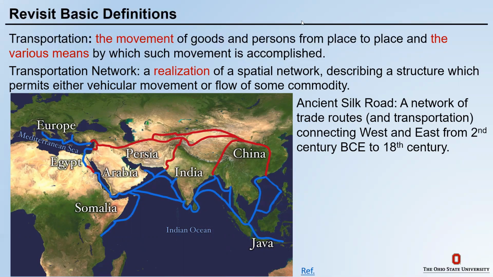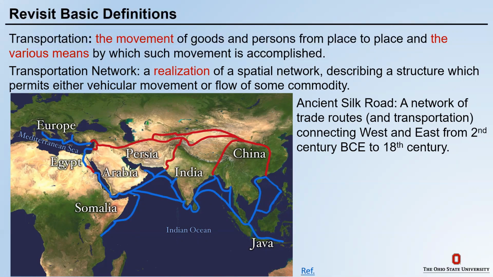This transportation network has two sub-networks. One is addressed by red linear features, which is the Land Silk Road. Another part is addressed by blue linear features. They are maritime corridors of the Ocean Silk Road.